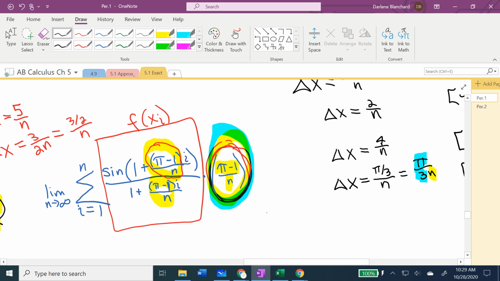Because my x sub I formula, just to remind you, is some number plus whatever that delta x is times I. So I am looking for inside, I have this times I. So I'm looking for this times I, and it may show up more than once.